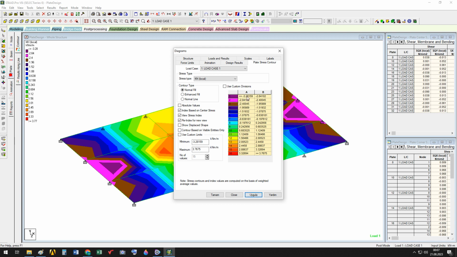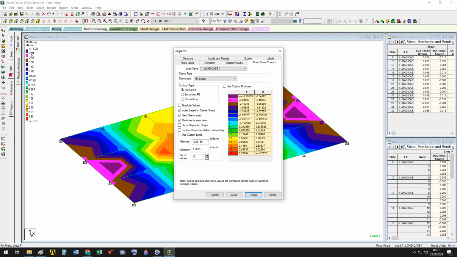You see the variation, minus 3.2, minus 2.84, minus 3.2, minus 3.84. Here, the range is given.